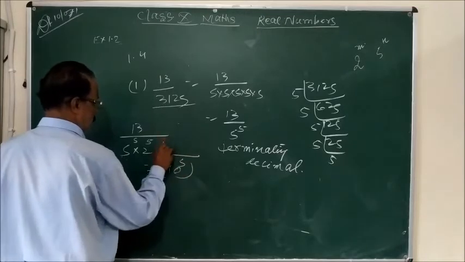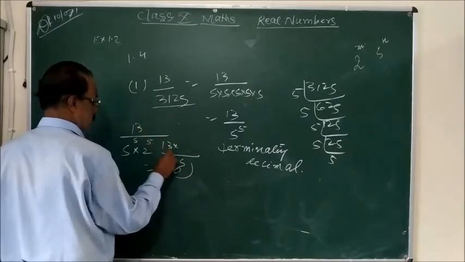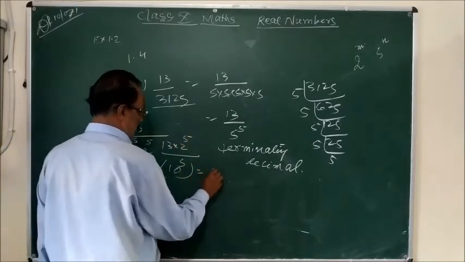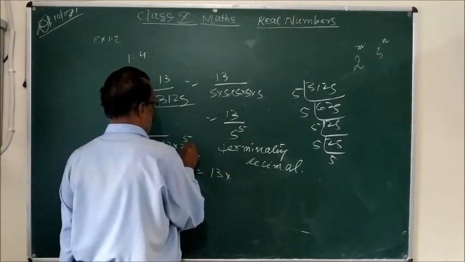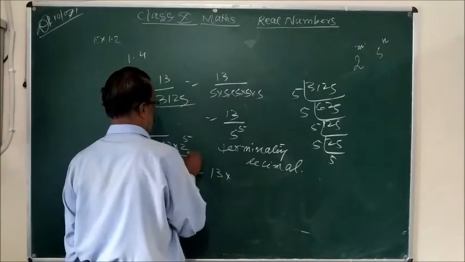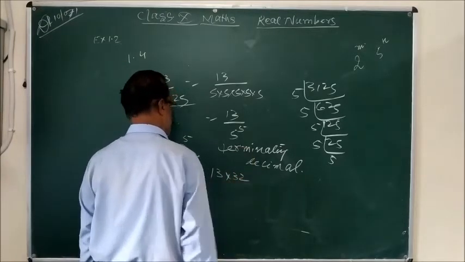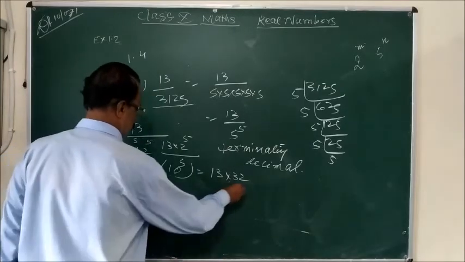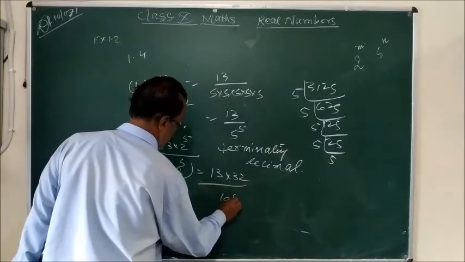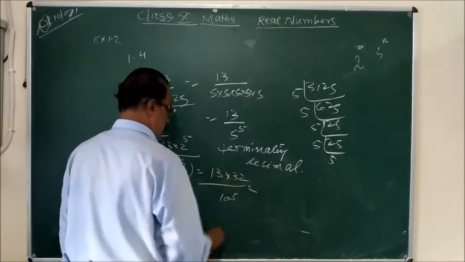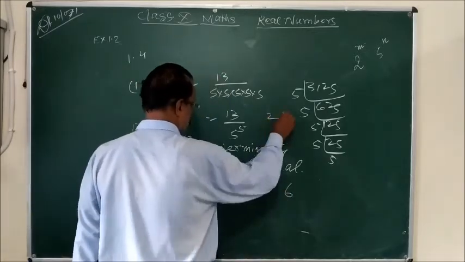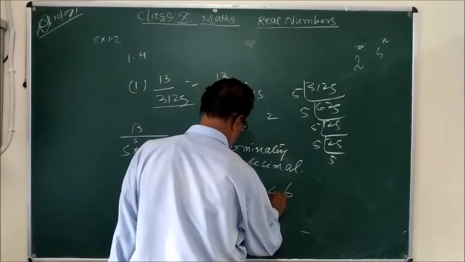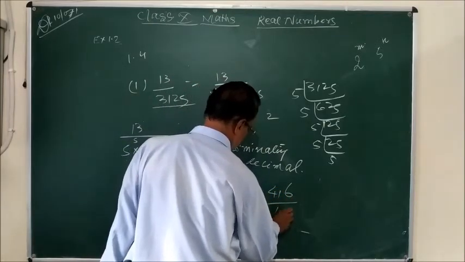You also multiply 2 power 5 in the numerator. Now 13 into 32, that is 416, over 10 power 5.